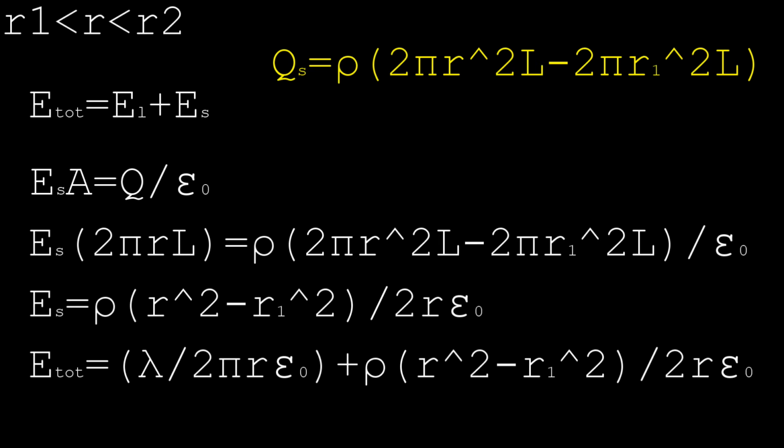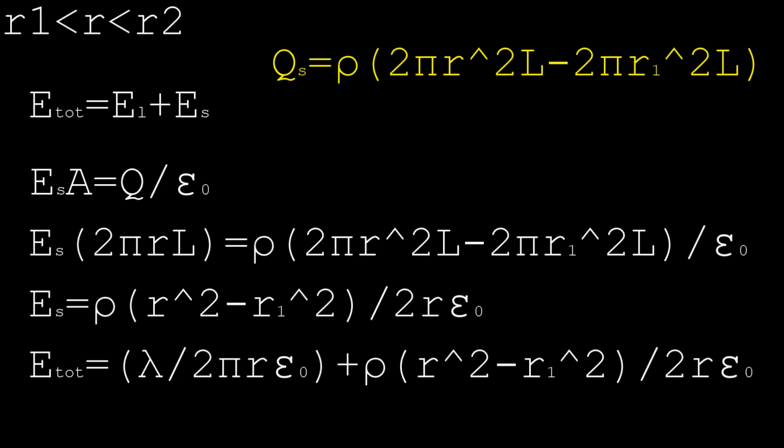We were told that the charge density of the shell itself is positive rho. So to take the Q of this positive rho, we need to multiply rho by 2 pi r squared L minus 2 pi r1 squared L. This will give us the enclosed volume of the shell of charge when r is between r1 and r2, because r can be a variable, so we have to show the variable.